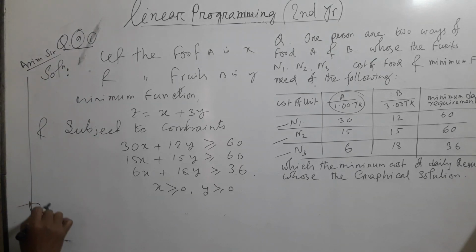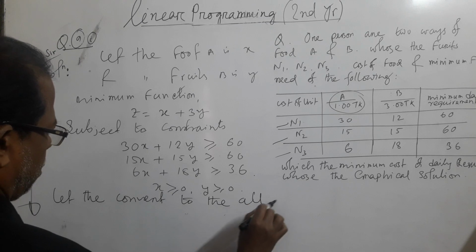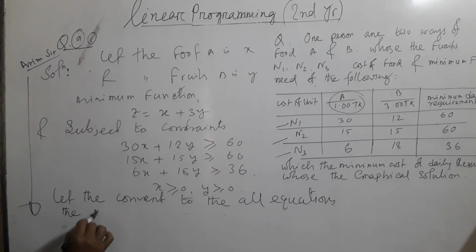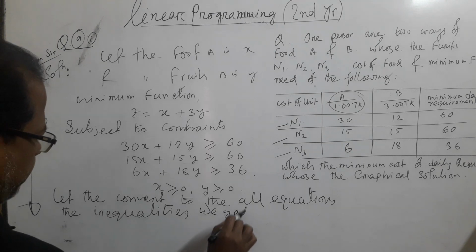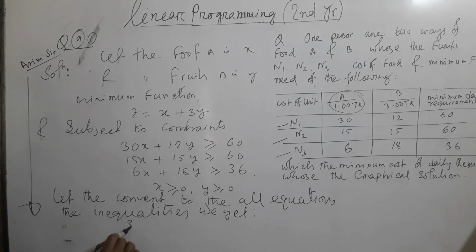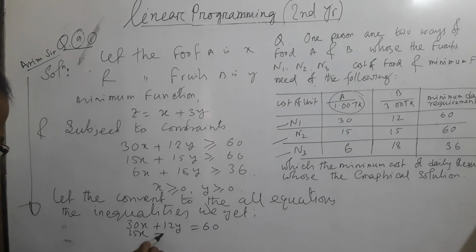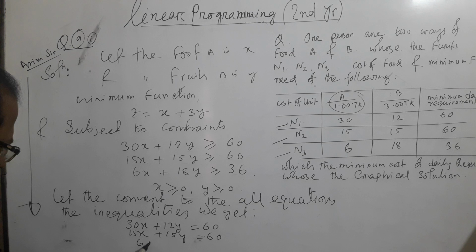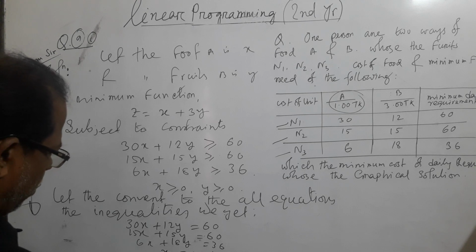Second step: let us convert all the inequalities to equations. So we get 30x plus 12y equal to 60, 15x plus 15y equal to 60, 6x plus 18y equal to 36, x equal to 0 and y equal to 0.